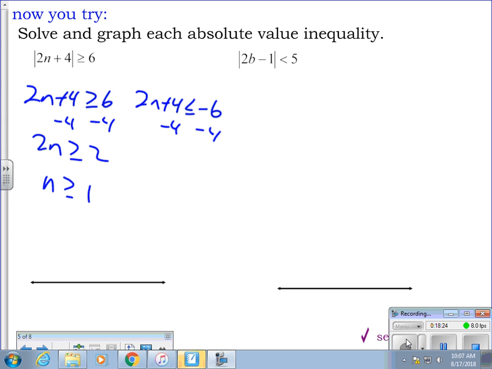Subtract 4. 2n is less than or equal to negative 10. Divide by 2. N is less than or equal to negative 5. The original problem was a greater than, so this is an or problem. 1, negative 5. That's my solution.